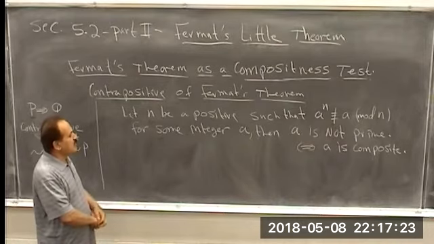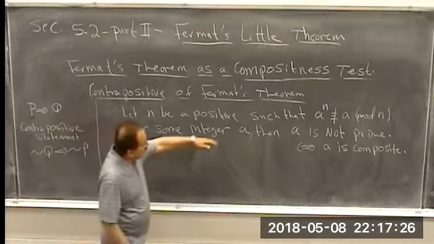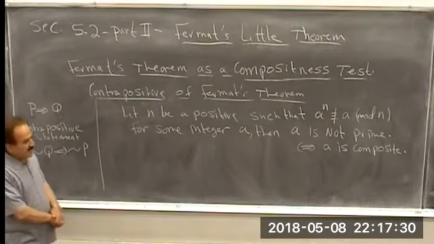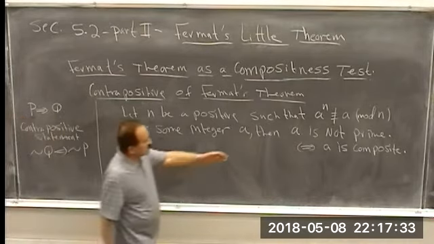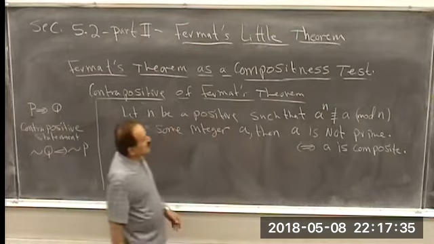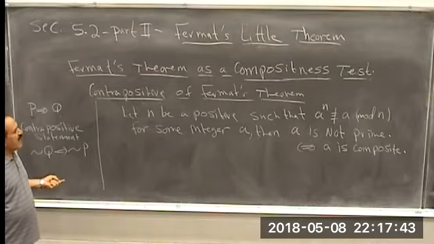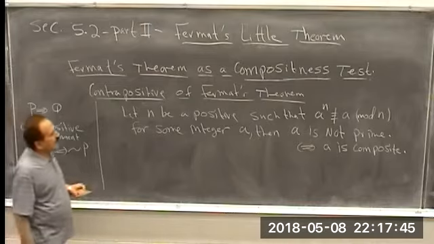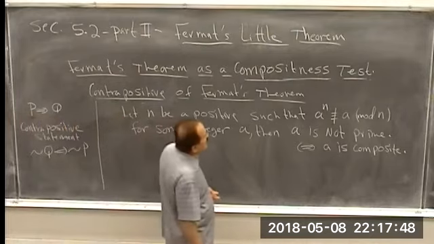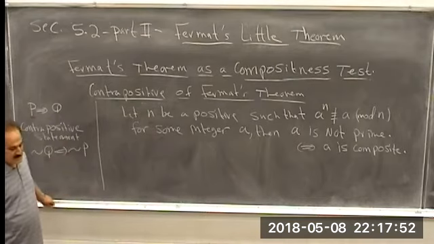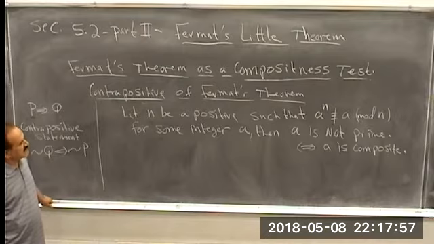And what you could do is change the a. You want to try another a and see if the congruence is not satisfied. In fact, if you try this for small numbers a, like 2, 3, 5, and every time you find that a to the n is congruent to a mod n for all these different a, there is a very high probability that n is actually prime.